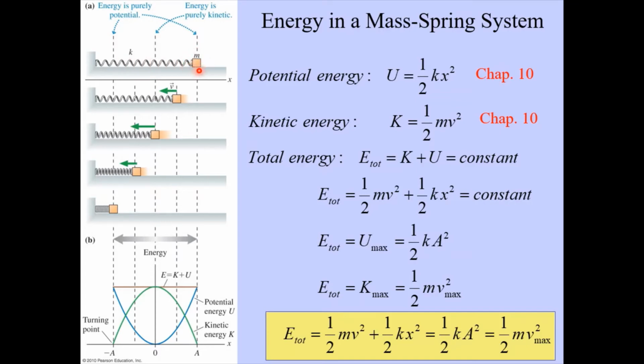This position right here and this position here are called turnaround points. These are the endpoints where the mass has to stop moving and change direction. So it's going to come over here, briefly stop, and then start moving back this way, stop here, and then start moving back the other way.